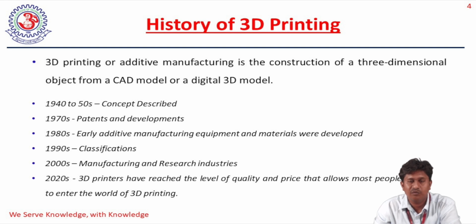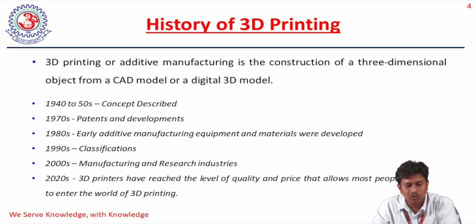That is, we can make components using 3D printing technology by using different classification methods. One is selective laser sintering, stereolithography, direct metal deposition, and fusion deposition modeling. So by using these classifications of 3D printing technologies, we can make components using the 3D printer.